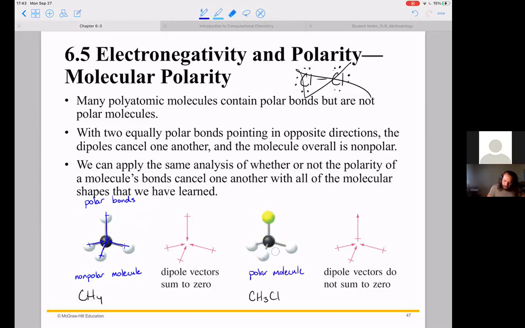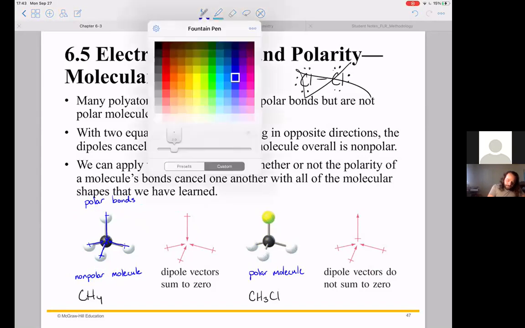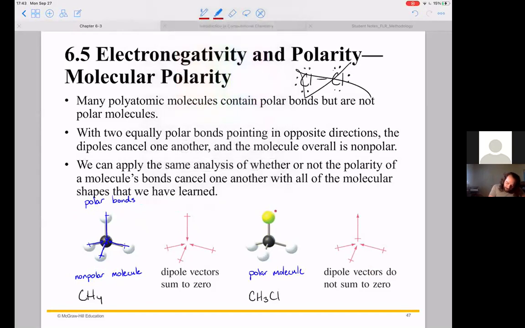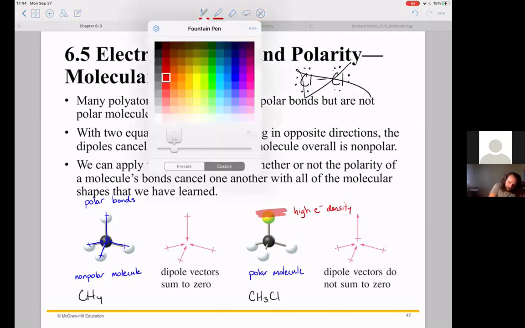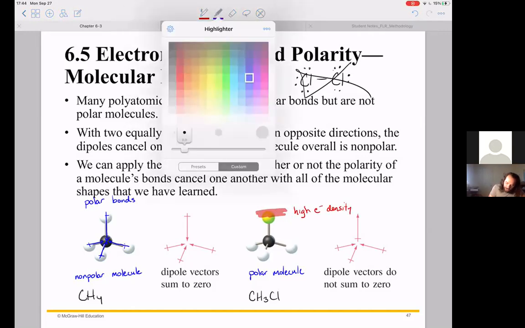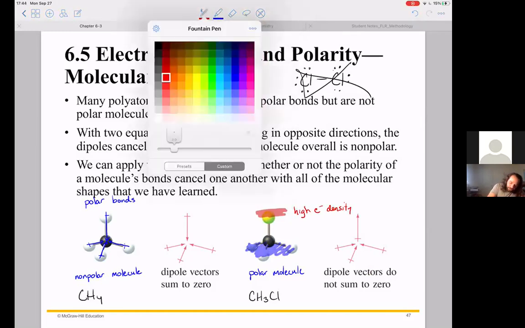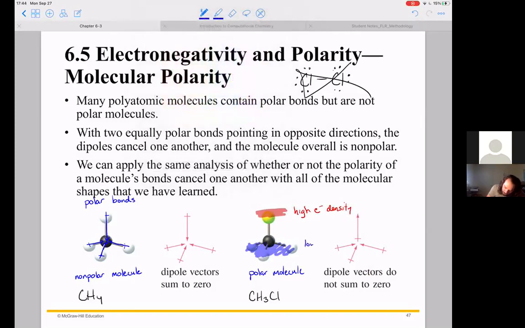It means that if we looked at the electron density in this structure, we would see that this region right by the chlorine has high electron density compared to this bottom region back here, which has relatively low electron density.